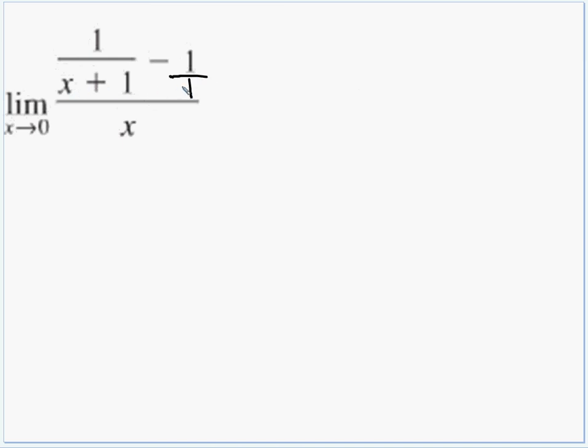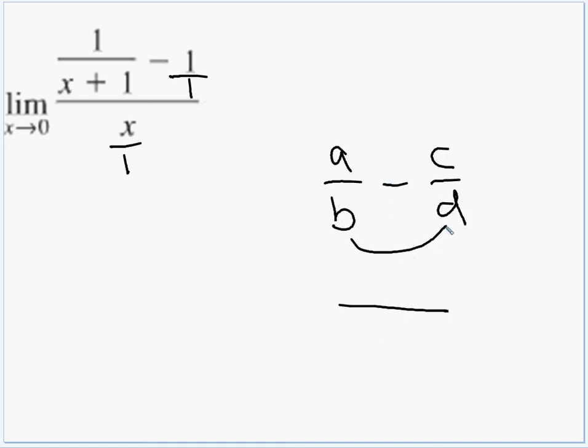Up here, we have two terms. Let's get this to be one fraction, then we can bring this denominator up and flip it. So just as a real quick refresher, remember for two fractions like this, a over b minus c over d, a real quick way to do it, multiply these denominators. Your denominator will be b times d. Multiply up this way, a times d, minus this way, b times c.